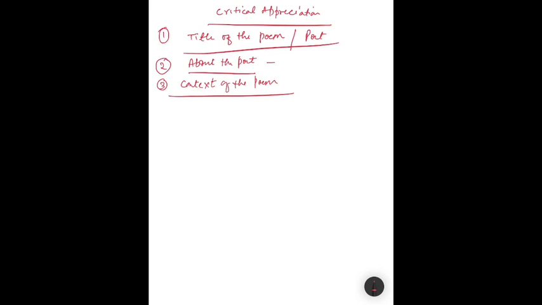As I have just told you, while writing the context of the poem, maybe this poem was published in some collection, so you should mention the name of that collection. That this poem was published in such and such collection of poems. And the context of the poem might be some event of great political significance, as I told you, like the French Revolution or some other event. So you should mention it in the context of the poem.